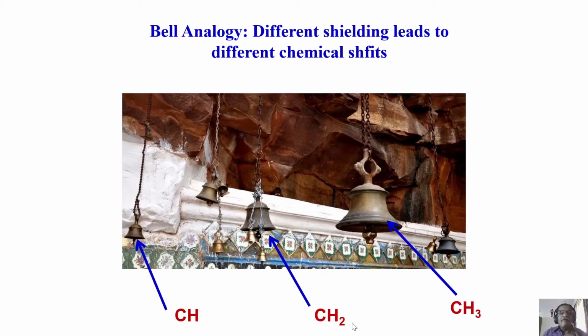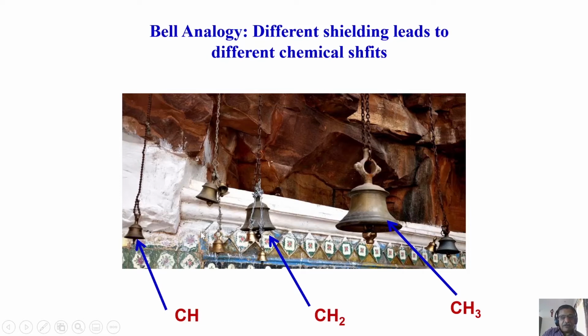So this is a very simple bell analogy. Look at these things. Very beautifully we can understand from this. This is the bell. You consider this as the charge distribution surrounding this nucleus. This is much more compared to this bell. This is the center of the bell. Consider this as the nucleus and this is the charge distribution.